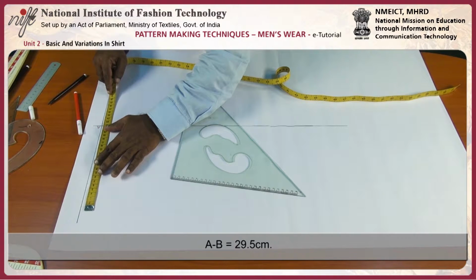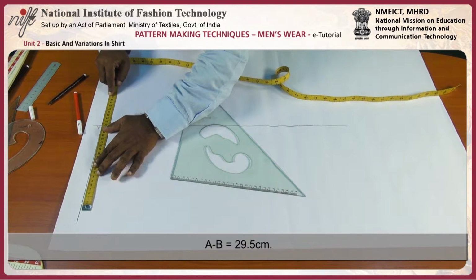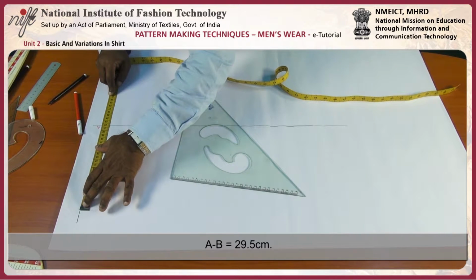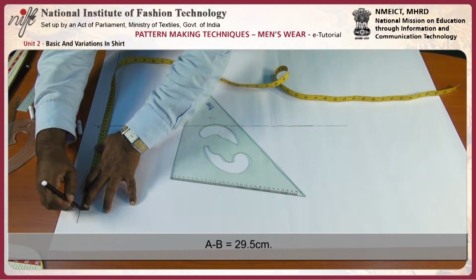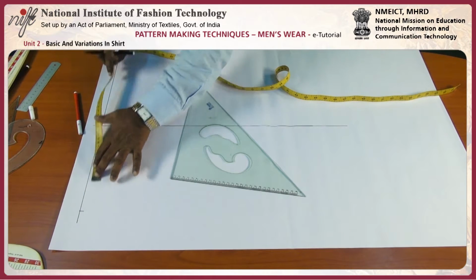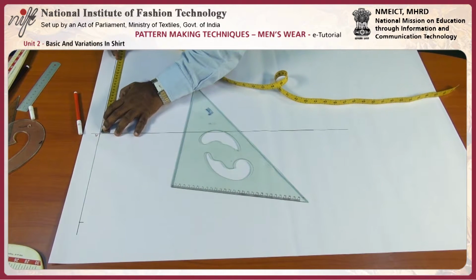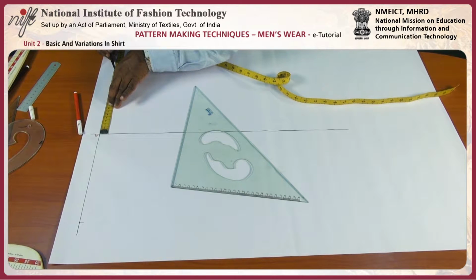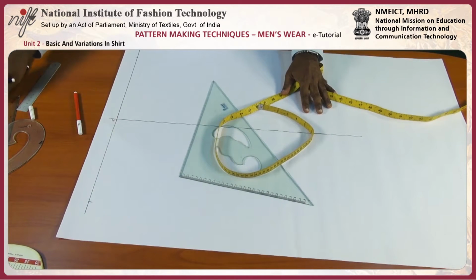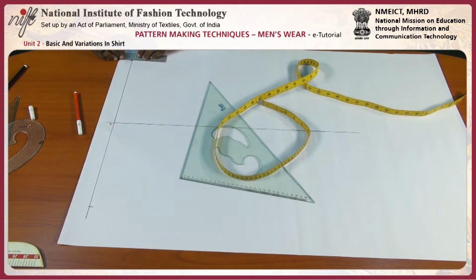A to B will be 21.5 centimeter, which we received from the formula of total armhole. Can be given a clear cross mark.